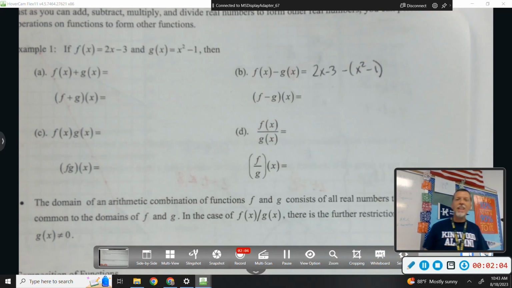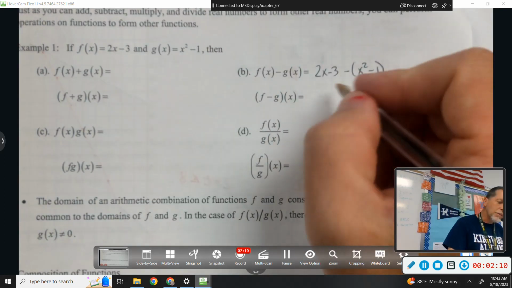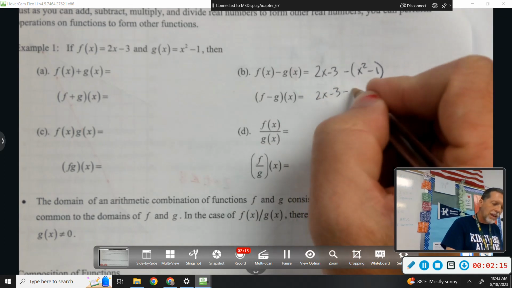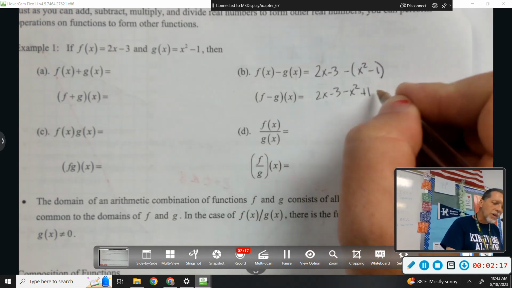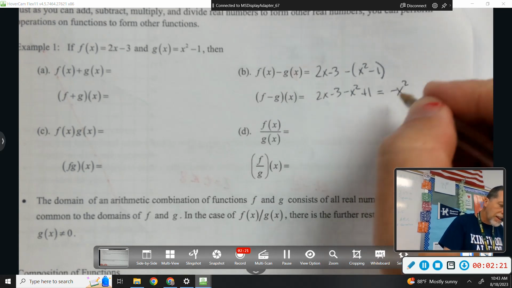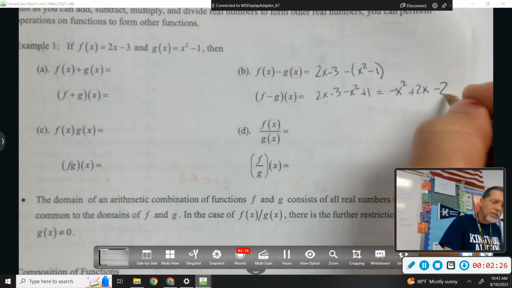Distribute would be the fancier word, but yes, apply the negative to everything. The common mistake is to not put parentheses or just forget to apply it. So minus x squared plus 1. And then if we combine like terms, negative x squared plus 2x minus 2.